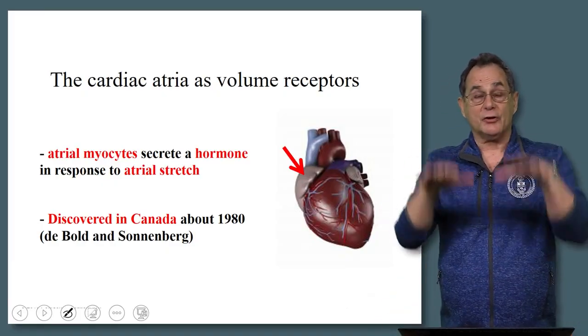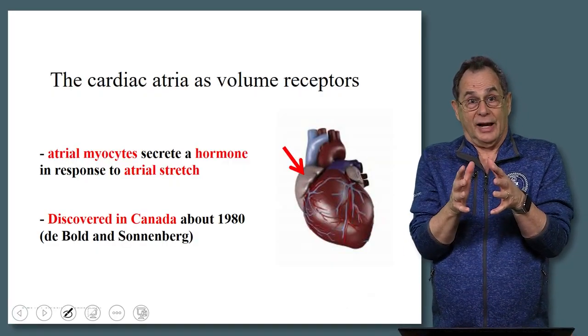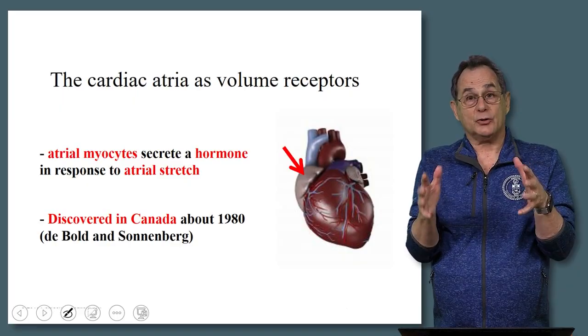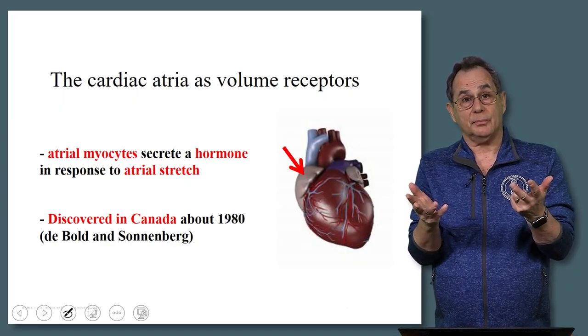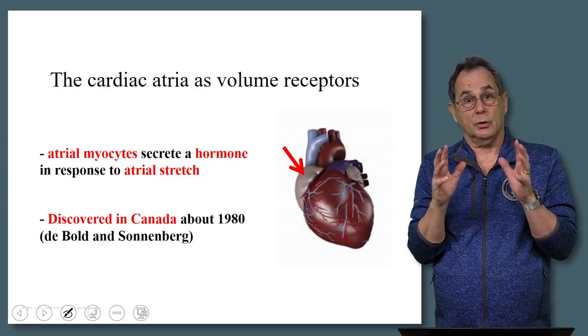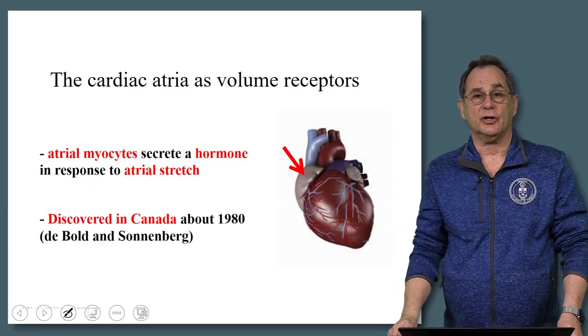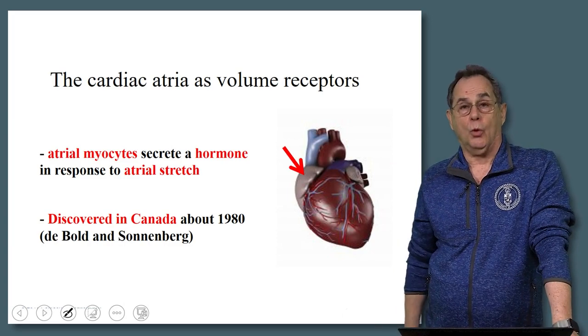If you and I sit in a hot tub, our atria will in fact stretch. And when they stretch, they'll release atrial natriuretic peptide, which is the hormone that is in those atrial myocytes, and that will cause the kidney to excrete sodium and with it some water.